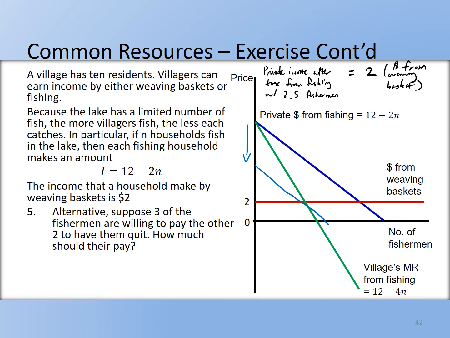And the income from fishing with 2.5 fishermen after tax would be 12 minus 2 times 2.5. That's the income from fishing with only 2.5 fishermen without tax. Now we ask them to pay a tax, so minus the tax, equals $2.